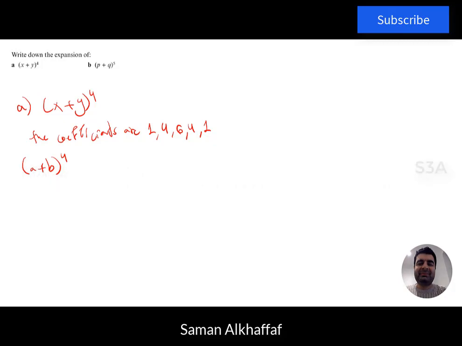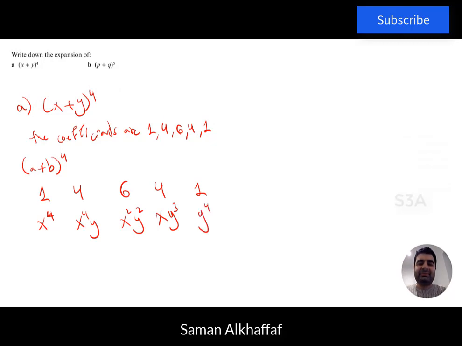So in this scenario, for the 1, we would have x to the power 4, then 4x cubed y, 6x squared y squared, 4xy cubed, and for the 1, we would have y to the power 4.